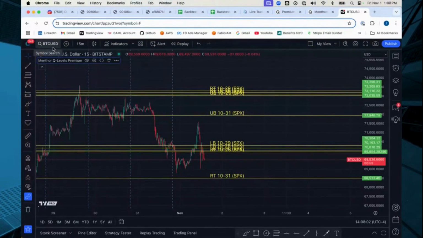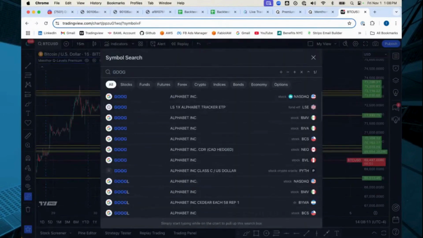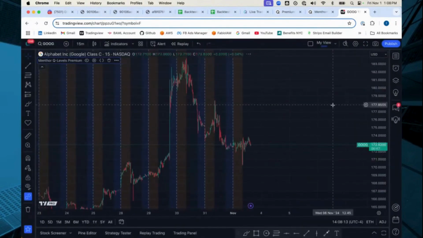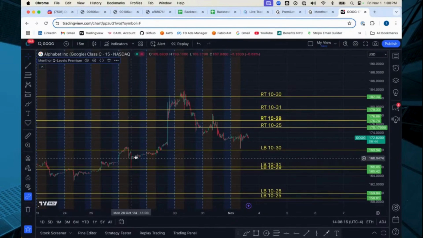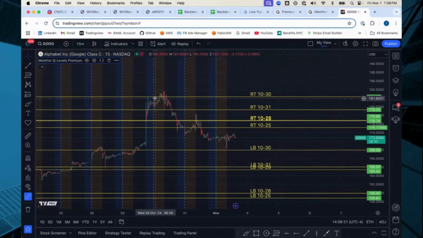So if we are good enough at predicting the direction, then, taking Google as an example, the earnings went well and the price breached the risk trigger level of 182. That could have been a good target area, as well as a potential inflection point. We see the price rejecting this area and then going back down, even though the earnings were very positive at the beginning of the week.